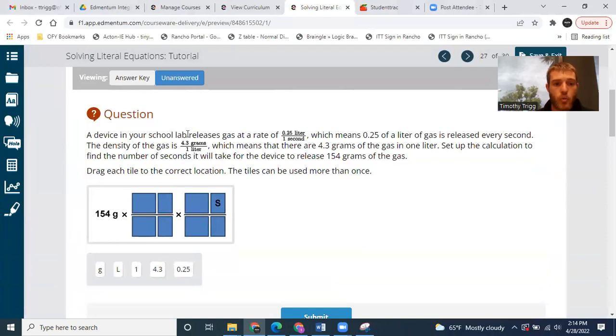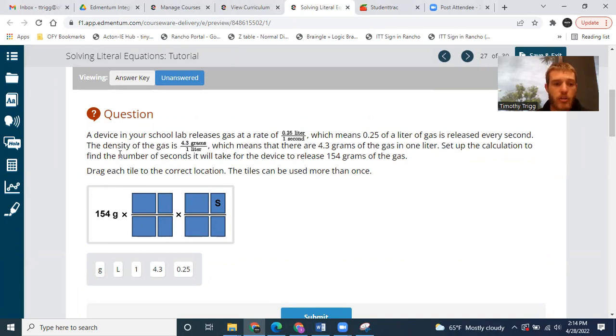A device in your school lab releases gas at a rate of 0.25 liters per second, which means 0.25 of a liter of gas is released every second. The density of the gas is 4.3 grams per liter, which means that there are 4.3 grams of the gas in 1 liter.